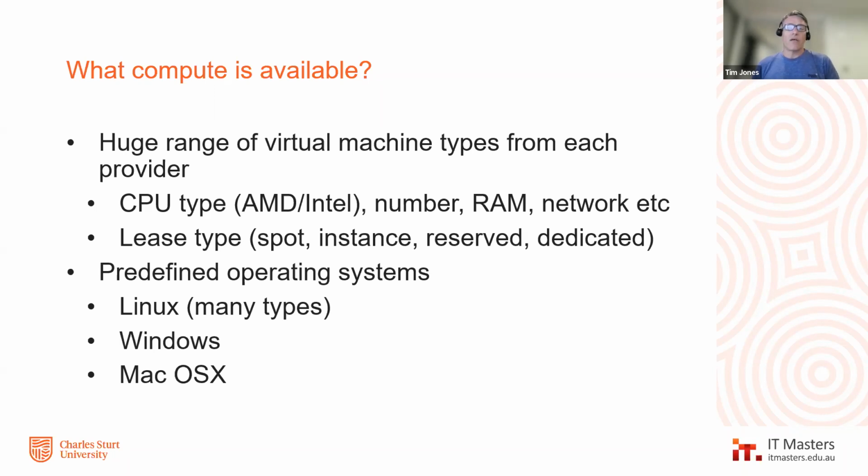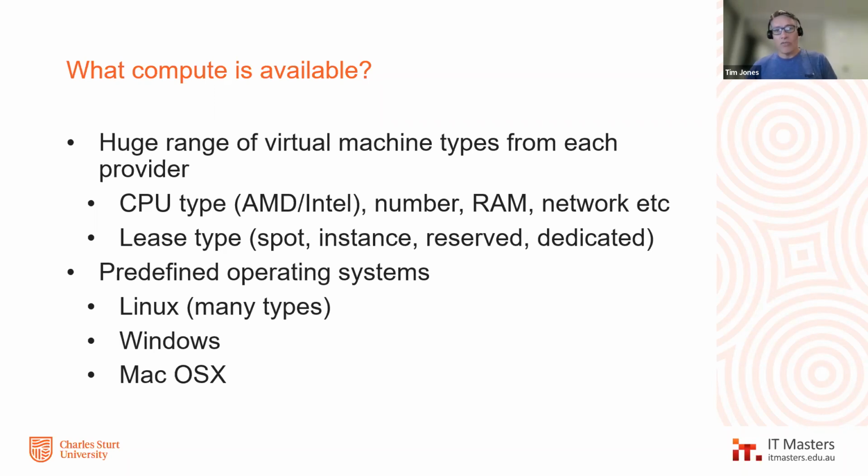The number of CPUs you can choose as well. Generally speaking, if you've got a really simple website, you might just need a single processor. If you're running a SAP HANA environment, you might need 64 processors or something like that. So a very wide range, and we can choose the different systems that provide these different capabilities.